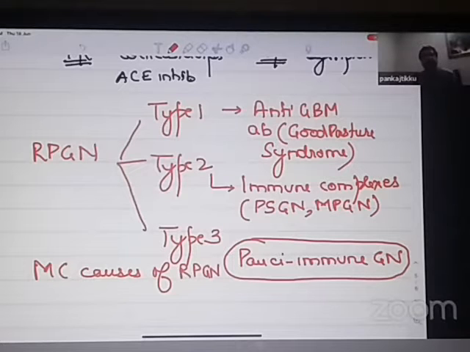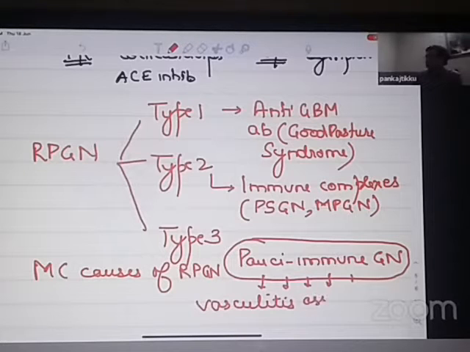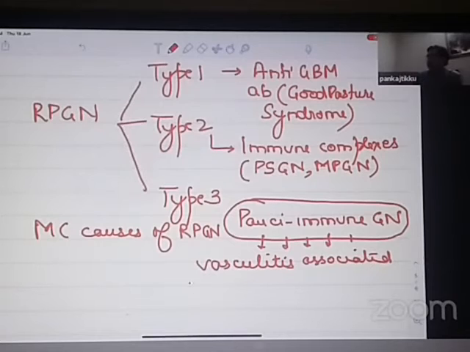Pauci means less, immune means immune complexes. Most of them are actually vasculitis disorders, which are associated with a group of antibodies known as anti-neutrophilic cytoplasmic antibody, ANCA.